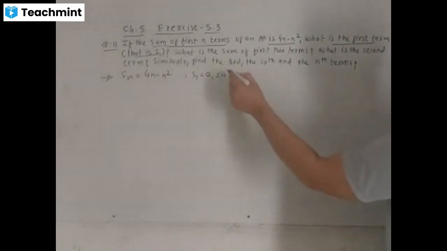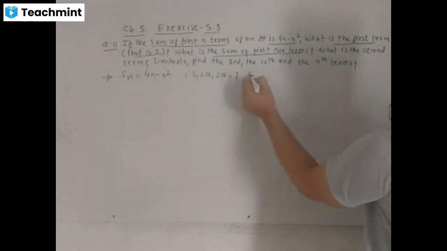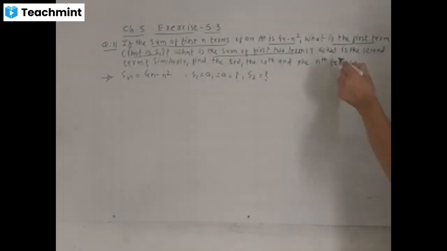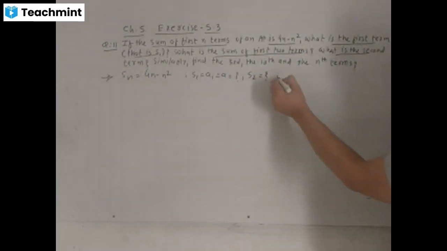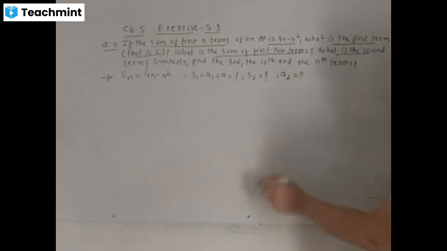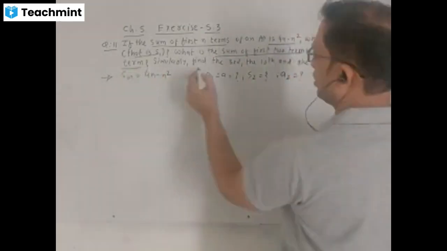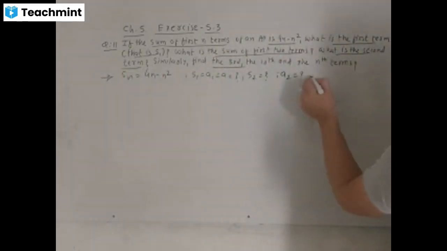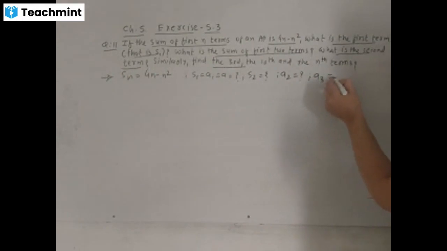What is the sum of first two terms? That means S2 is question mark. What is the second term? That means a2 is question mark. Find the third term. Similarly, a3, a10 and an are also question marks.